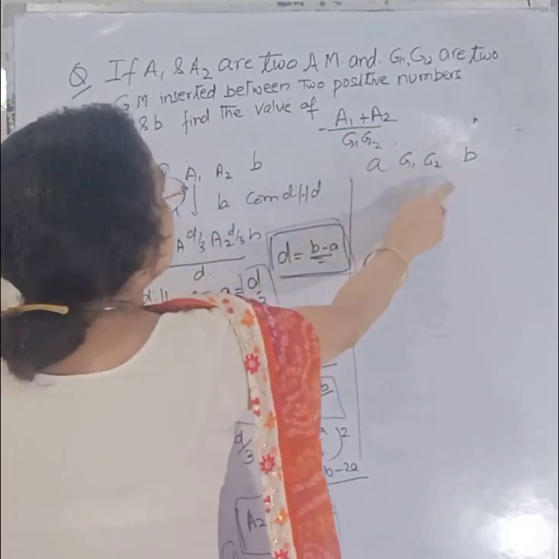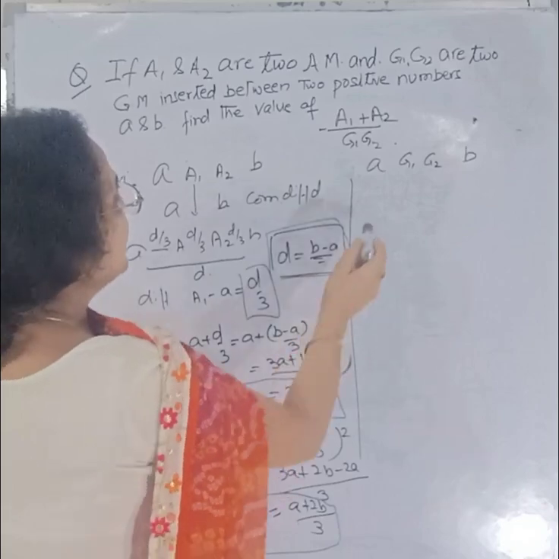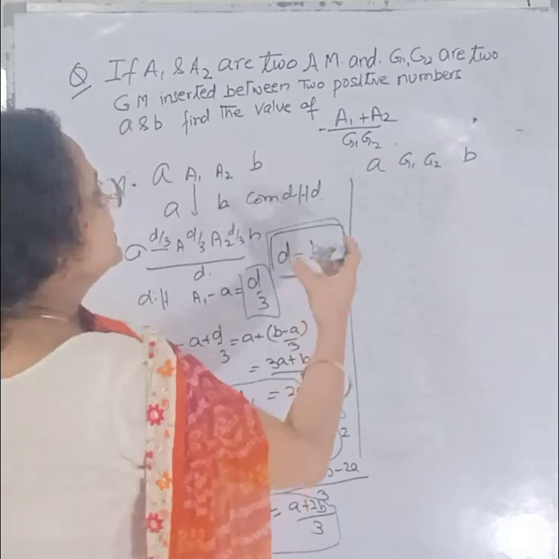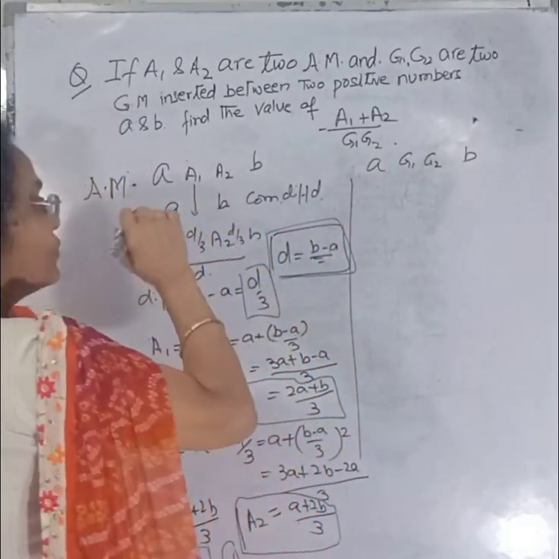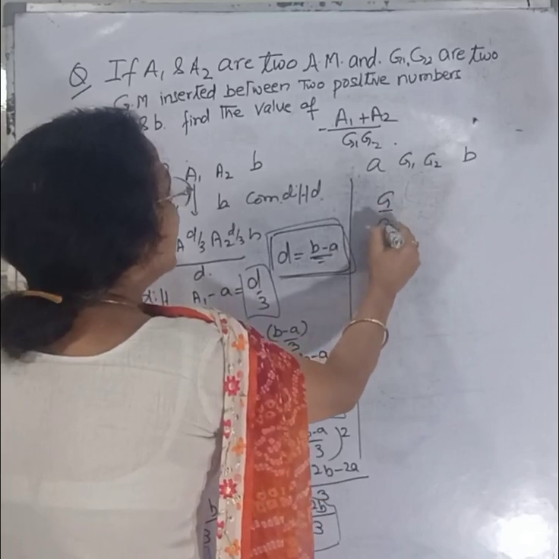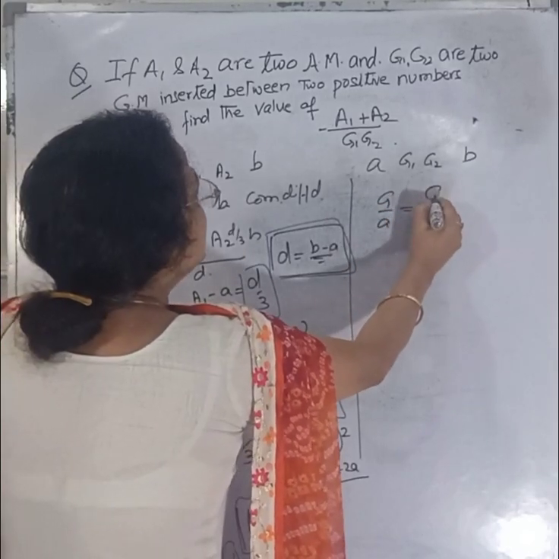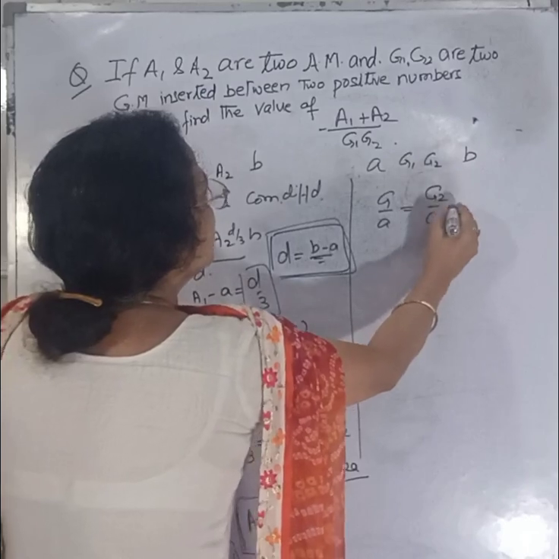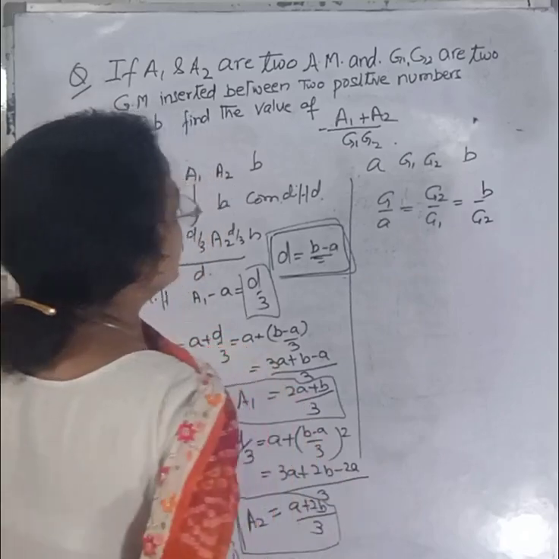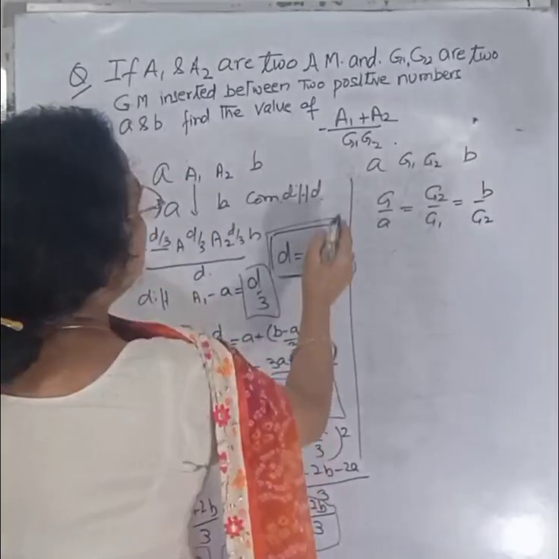Now I am going to the geometrical portion. Here the condition is that G1, G2 are two geometrical means inserted between A and B, so that G1 upon A is equal to G2 upon G1 is equal to B upon G2. We have to bring G1 G2.